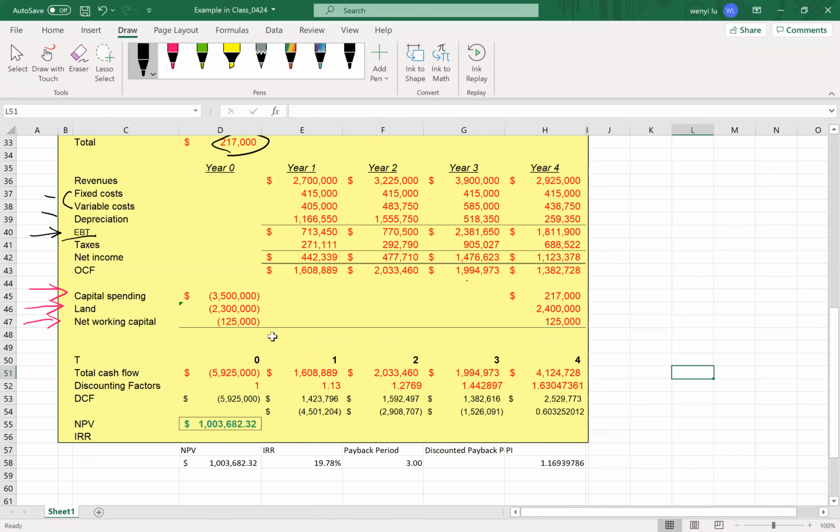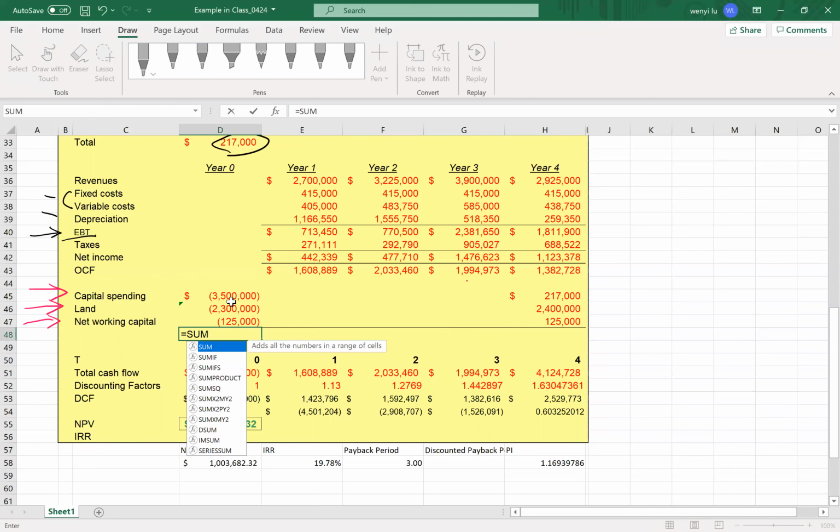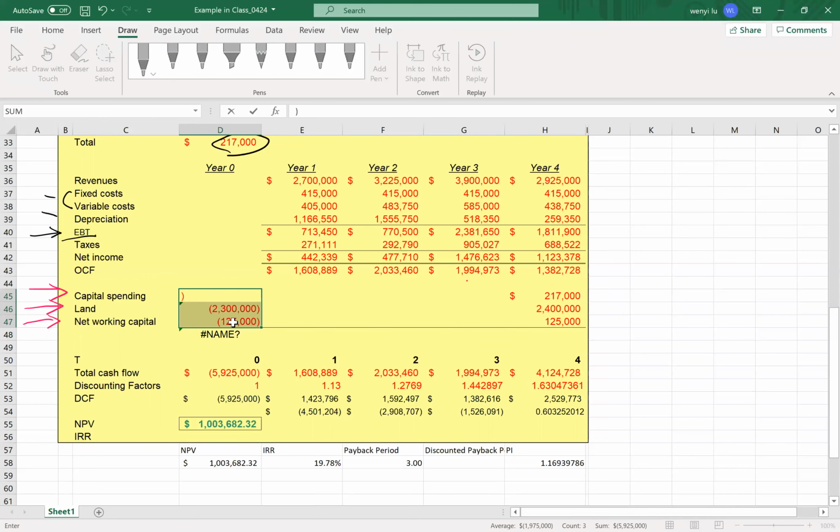Now let's do the calculations. On time 0's cash flow, you can add these 3 cash flows up. So let's add the 3 numbers up.